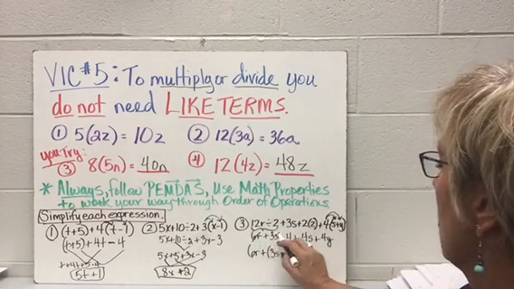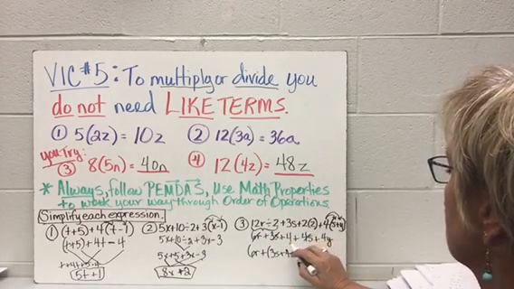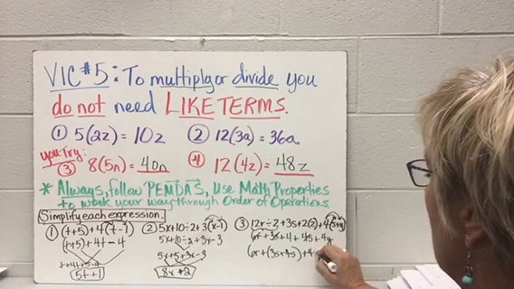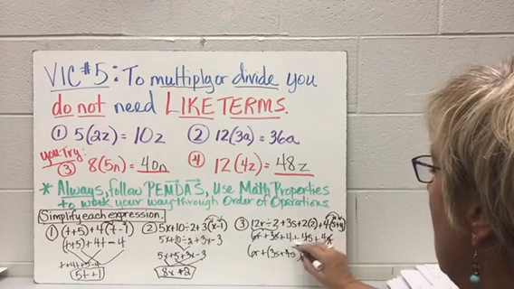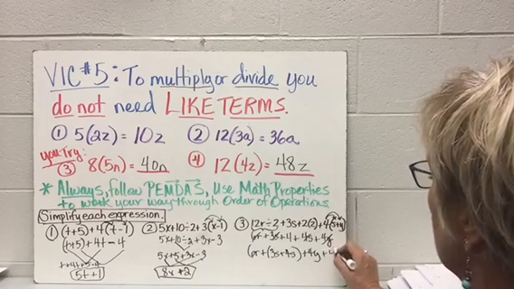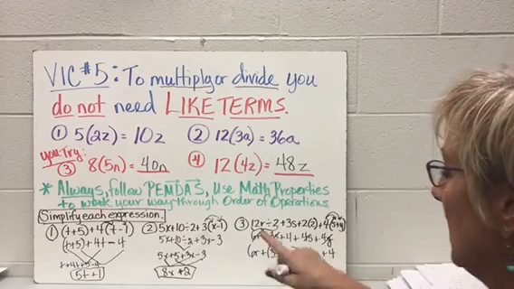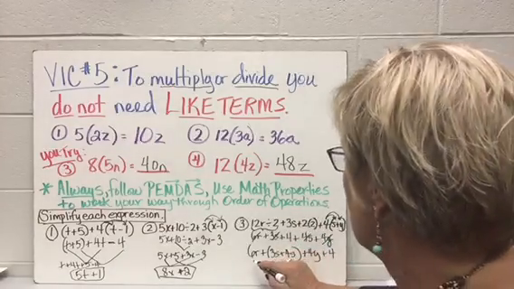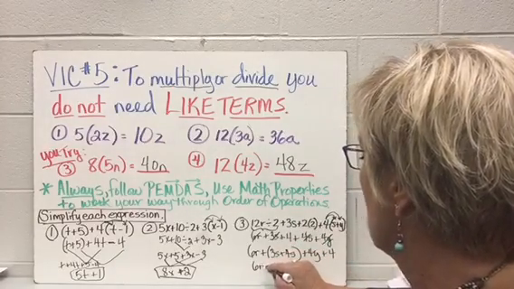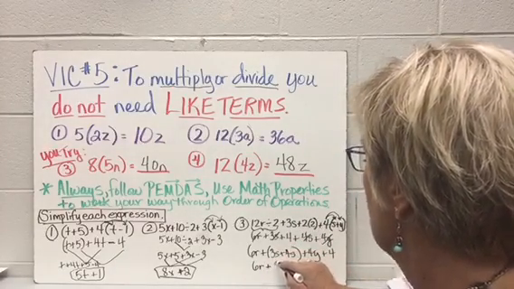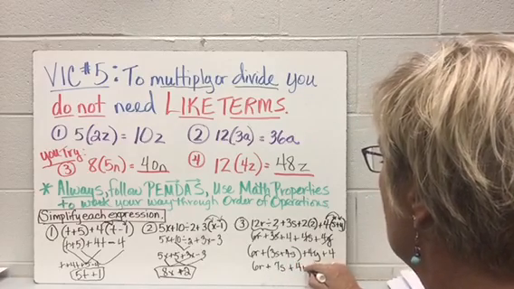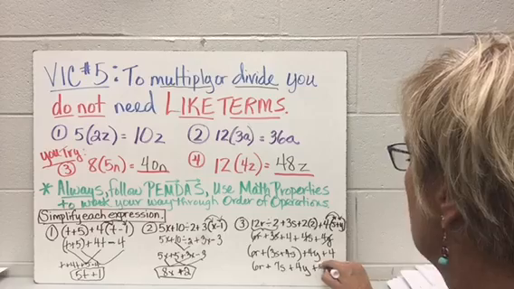So I've got my 6r, my 3s, my 4s, my 4y, which there's not another y in my expression, and a plus 4. So let's just have that tag along. Let's combine the 3s plus the 4s, which I know is 7s. So it's going to be 6r plus 7s plus 4y plus my 4.